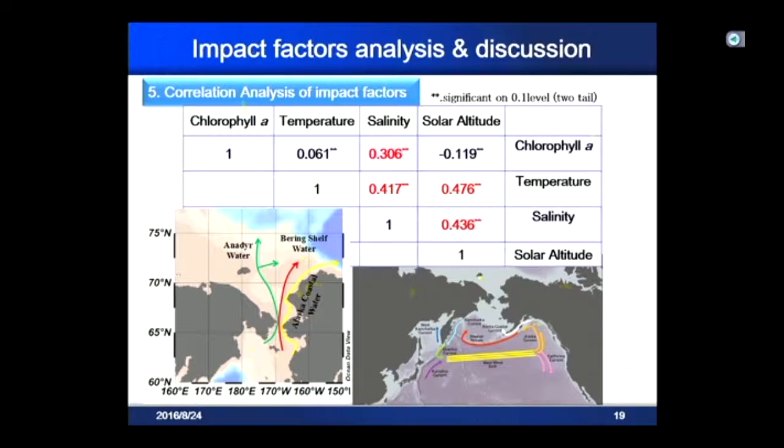It's very interesting results that we use several key indicators to do the correlation analysis of what is mainly related to the chlorophyll during the summer season, July, in this area.